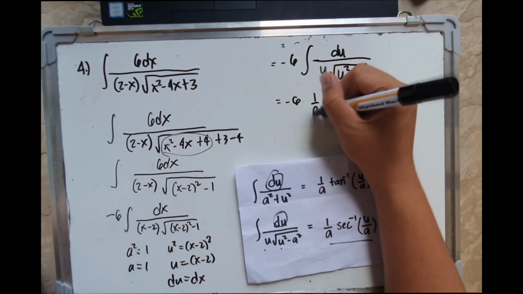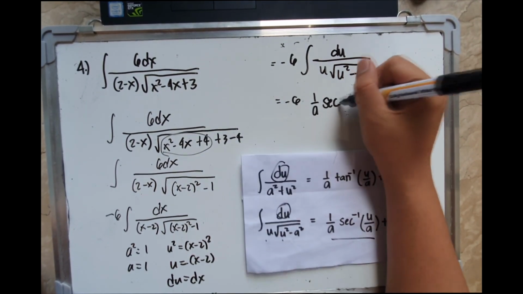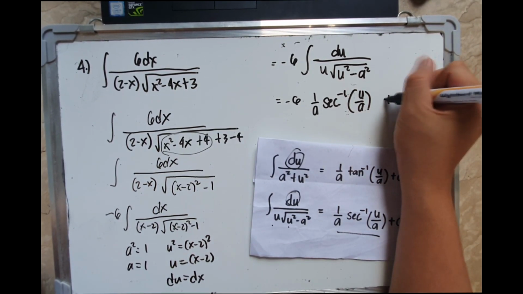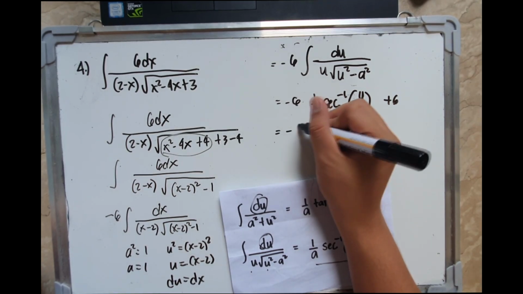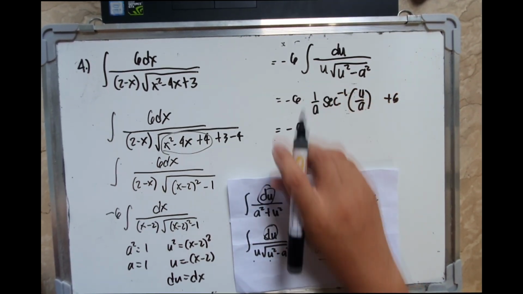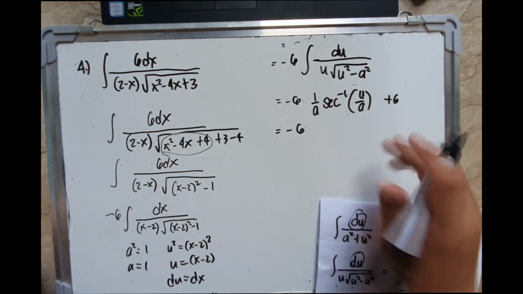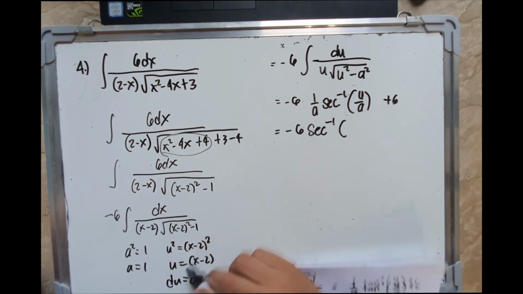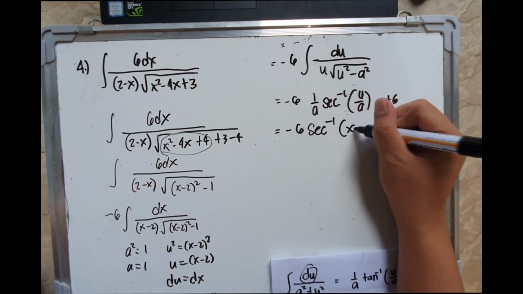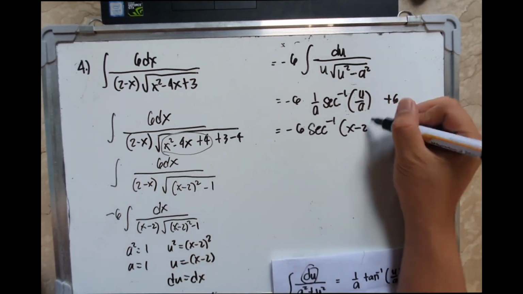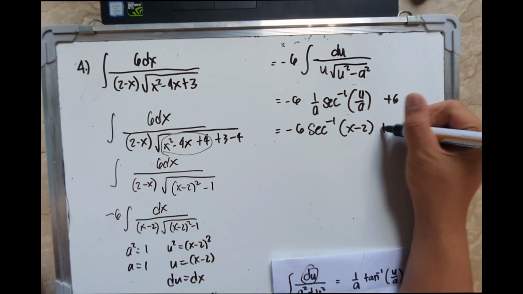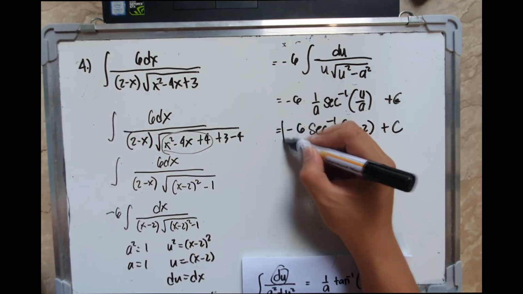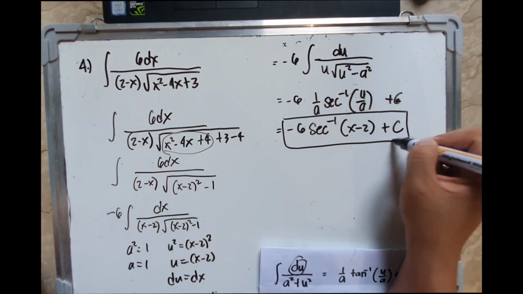We have 1 over a, the arc sec of u over a. And our plus c, of course. Let's have negative 6. A is 1. 1 over 1, that is just 1. Arc sec of the u, x minus 2, divided by 1, that is just x minus 2, plus our constant c. Now this will be our final answer.